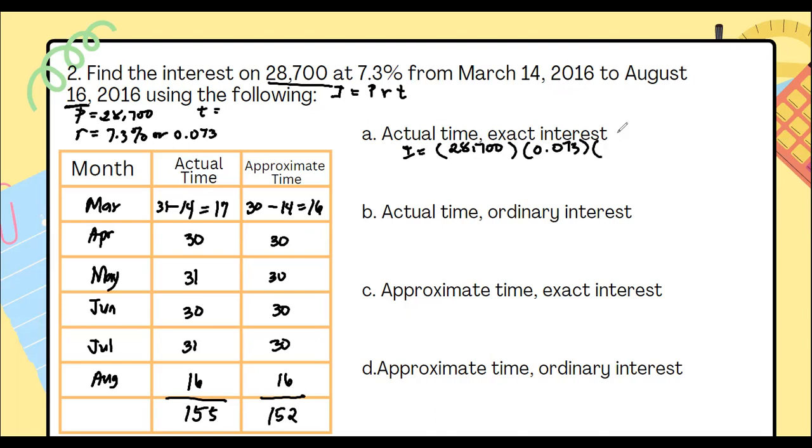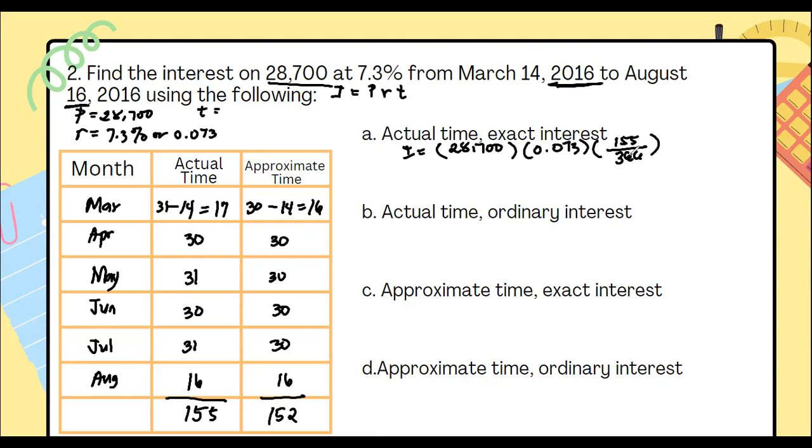Since yung time na gagamitin din daw natin for this letter A ay actual time exact interest, yung actual time natin, that will be 155. Exact interest, okay? So, before nyo tingnan yung exact interest, tignan nyo muna kung anong year given. Okay? So, this time, 2016 po yung year natin. Therefore, instead of 365 days yung exact interest, 366 days po this time yung gagamitin nating denominator.